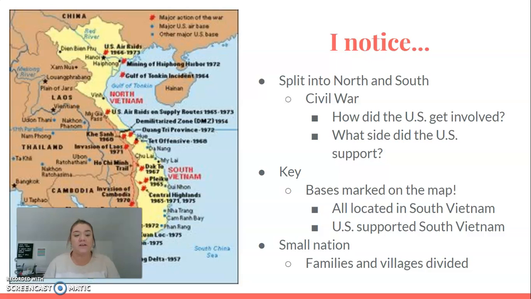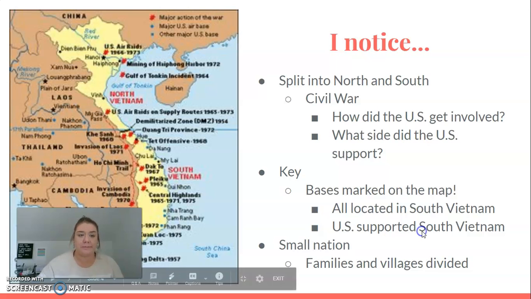So I've been studying some sources from the Vietnam War, right? And this map really helps me to understand more of what was going on, what the soldiers that I'm reading about, what their role was, and what side they were helping.